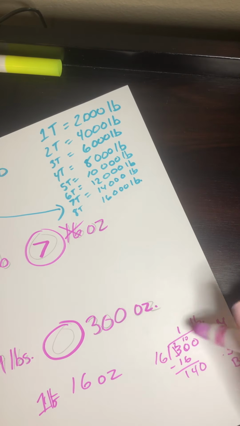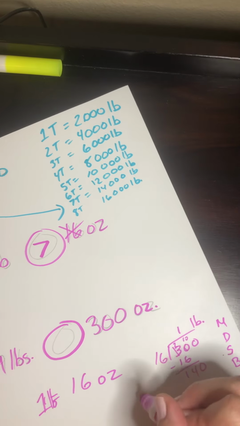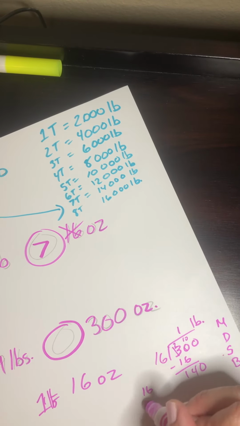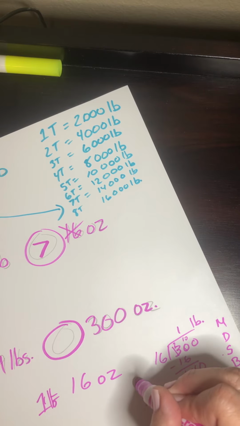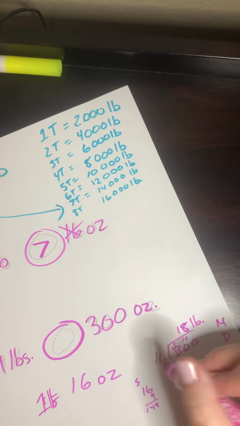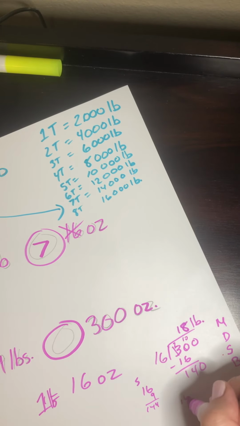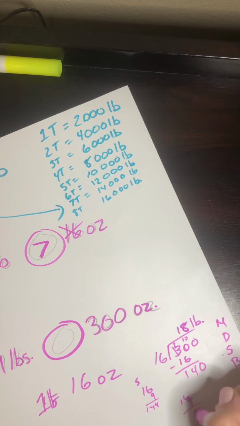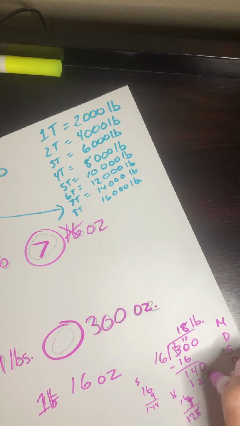And then I have to think, 16 times what number gets me as close to 140? And this one I will double check because I love to double check anyway. So let's see, 16 times 9, 10, 11, 12, 13, 14 is too big, so 8. 16 times 8 is 128.